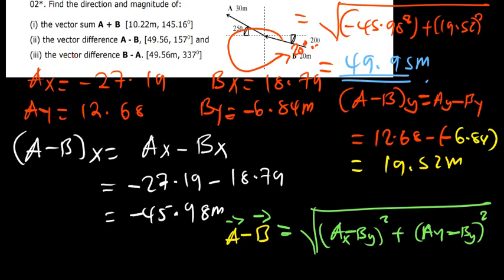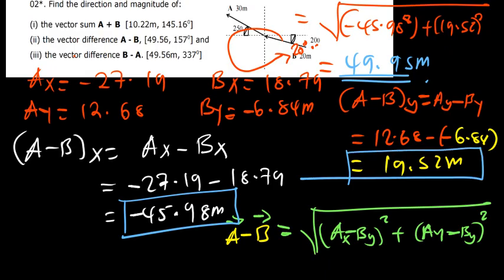Now, if I want to find the direction, considering whether the x component is positive or negative, yes, Johnny? When finding the magnitude, where you have written ax minus by, there is an error.